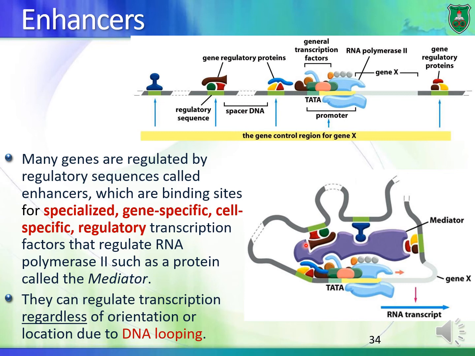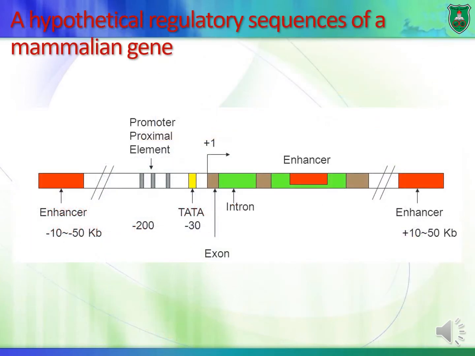Well, you have regulatory proteins that bind to enhancers, and these proteins can interact with the regulatory proteins that are present on the promoter, but the interaction is not direct, rather it's mediated by a protein known as a mediator. So here we have a mediator protein. It mediates interaction between the proteins bound to the enhancer with proteins that are bound on the promoter or promoter-proximal elements.